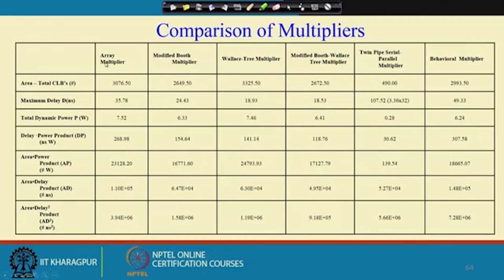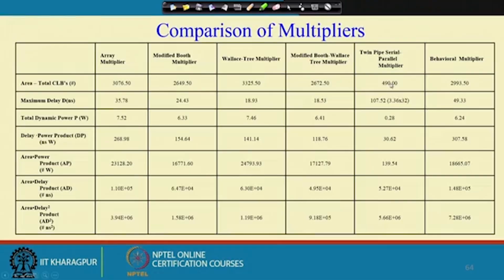We have seen the array multiplier, the Booth multiplier, the Wallace tree multiplier, or else we can use a hybrid of Booth's algorithm and the Wallace tree multiplier, and we have seen the serial parallel multiplier, and the behavioral multiplier, which is nothing but the generic multiplier architecture, that is, the shift and add based multiplier.